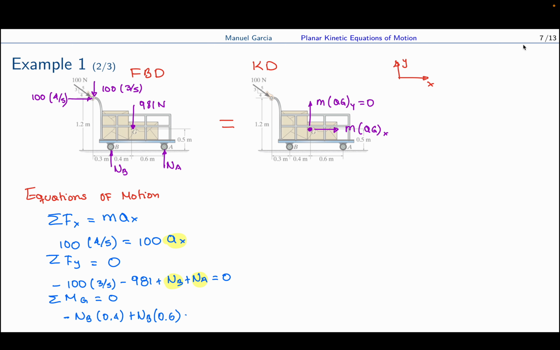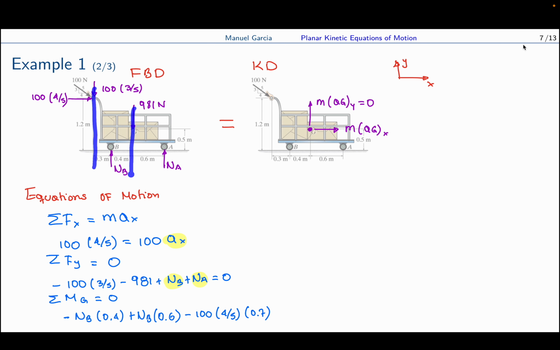So minus 100 multiplied by 4 over 5, the force, multiplied by the distance, which is 0.7. And finally we have this vertical component multiplied by this distance.